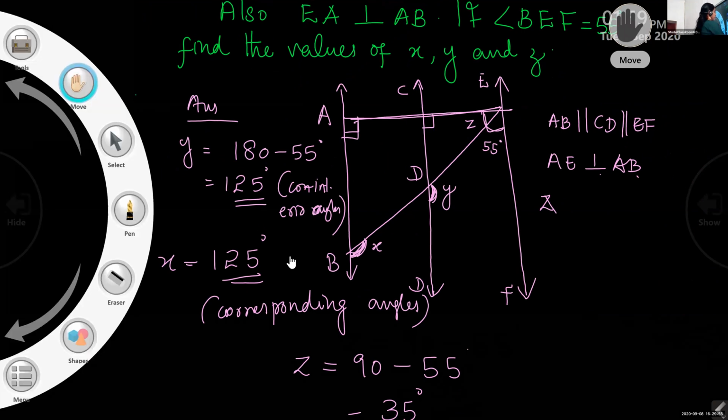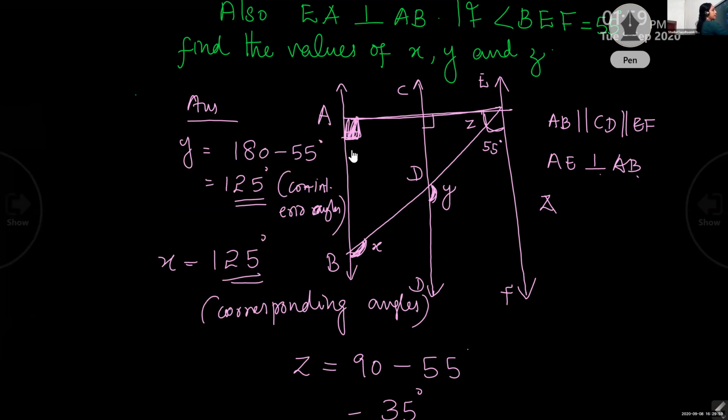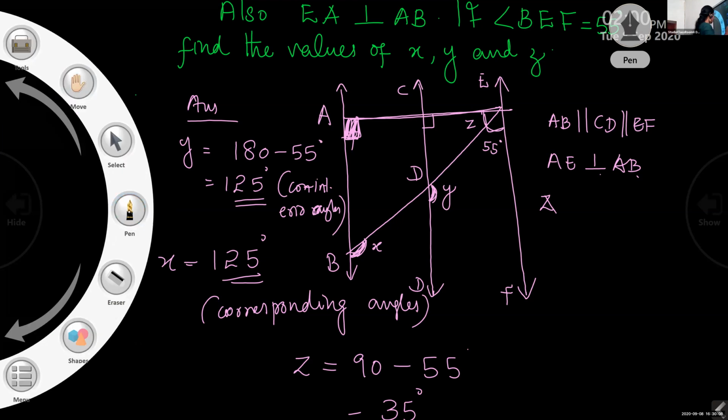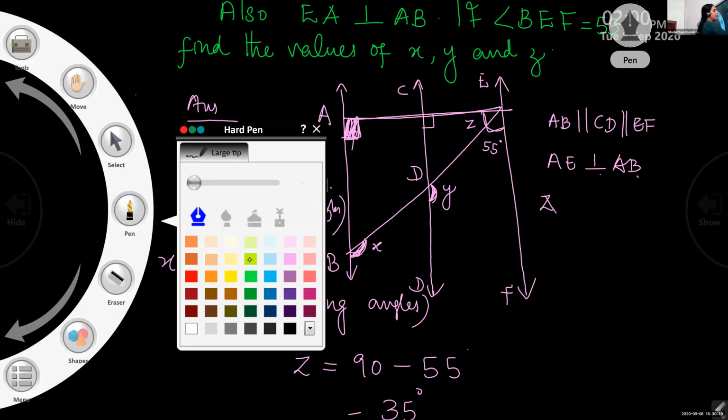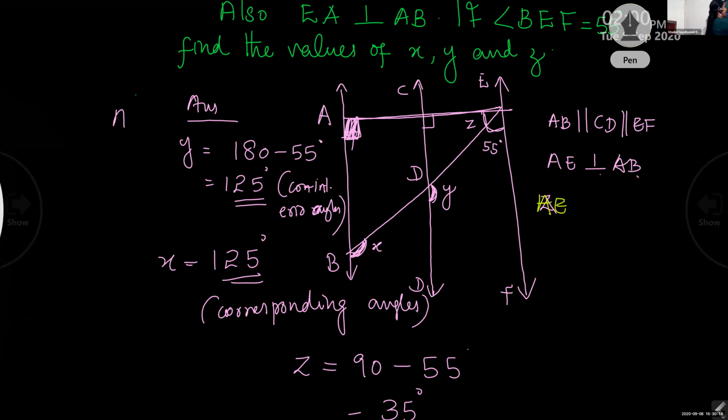This is 90 degrees, it is given. I'll use another color so that you can understand. It is given that AE is perpendicular. This green color is 90 degrees. Can you see the green color? Yes. That is 90 degrees.